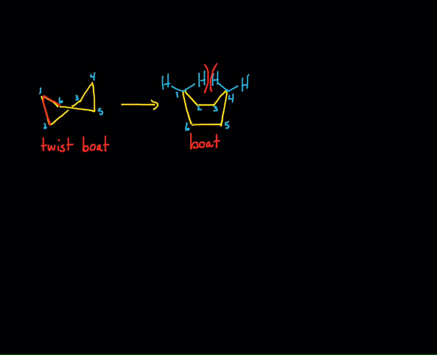And the reason for that is since I'm pushing C1 and C4 closer together, they both have hydrogens associated with them, and there is some steric hindrance there based on the hydrogen atoms interacting with one another. So there's going to be an energy associated with that steric hindrance. So I have to add energy to overcome that steric hindrance. Well, now you can think about, in terms of equilibrium, the twist boat being in either one direction or the other direction.